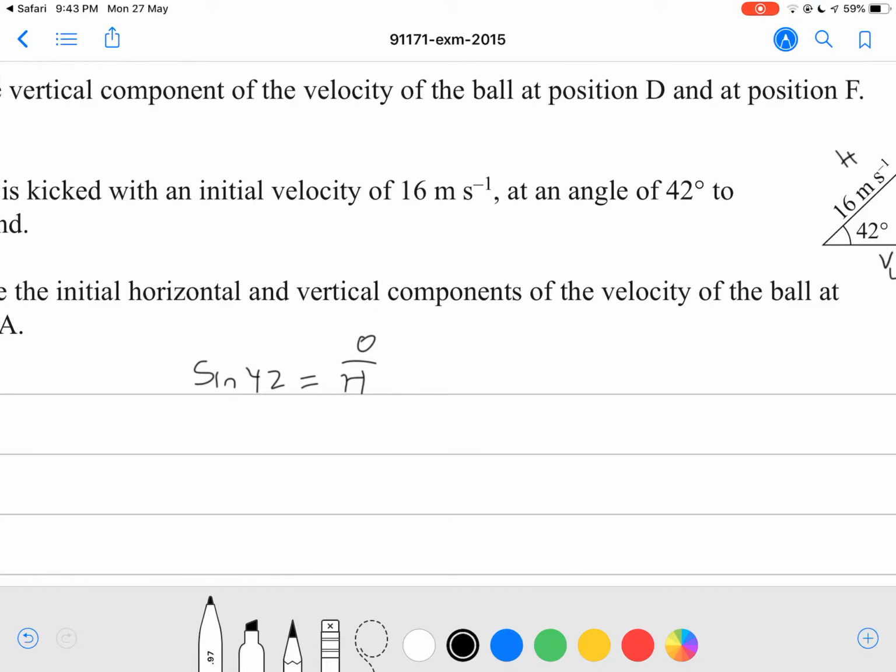We know h is 16, so we plug in h = 16 meters per second: sin 42 = O/16. Therefore sin 42 multiplied by 16 equals O. O is vertical velocity, so Vv = 16 sin 42. Plug this into the calculator, and you should get vertical velocity equals 10.71 meters per second.